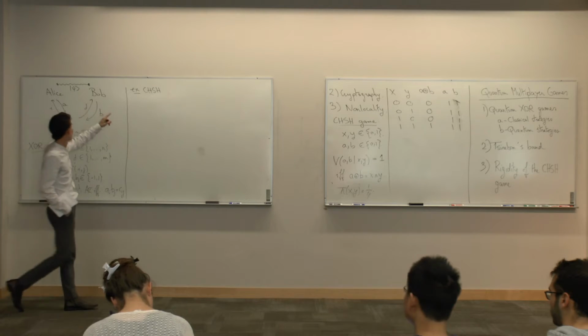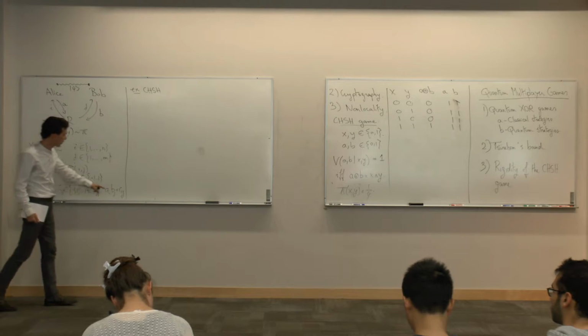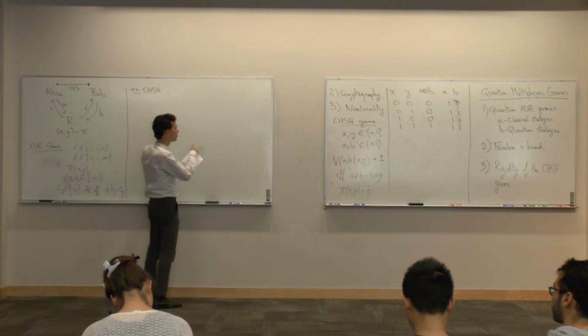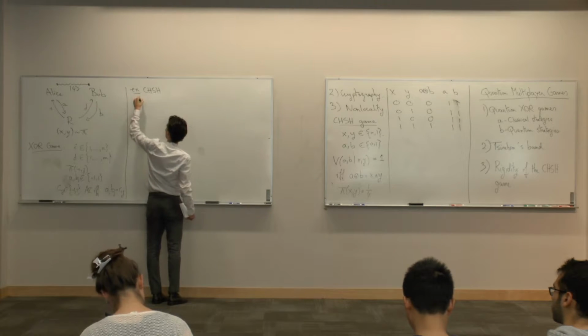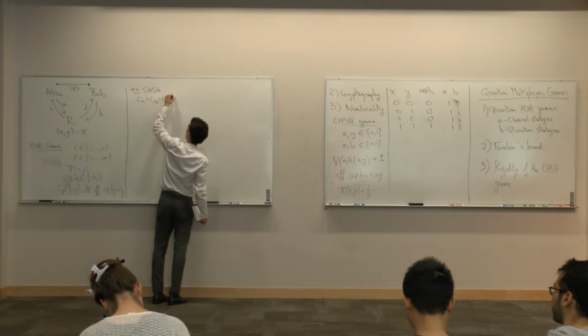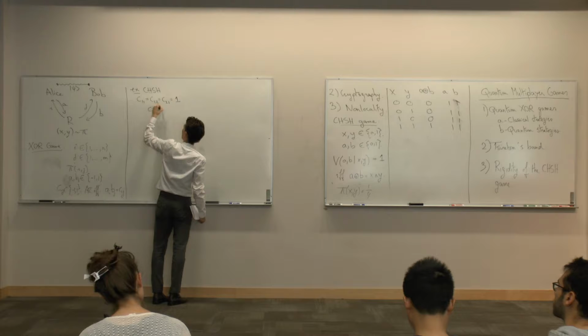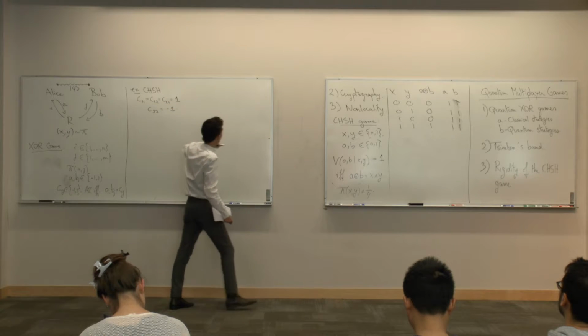Oh, I was going to do the example for CHSH. So the distribution is just a quarter, a quarter, a quarter, a quarter. And what are the C coefficients? If I do the translation, then I get that C11 equals C12 equals C21 equals 1, and C22 equals minus 1, right?